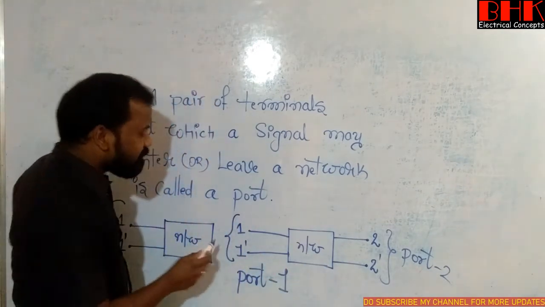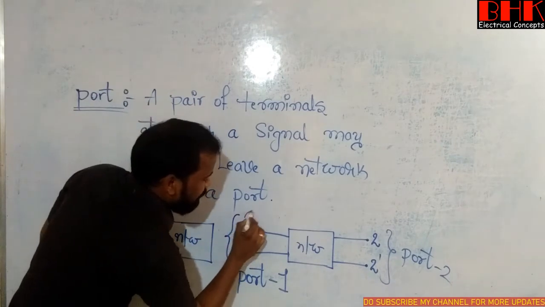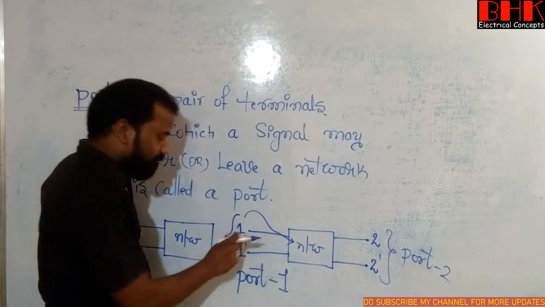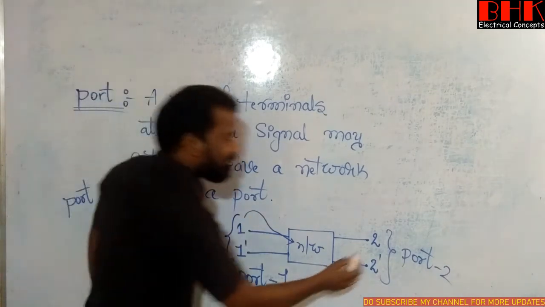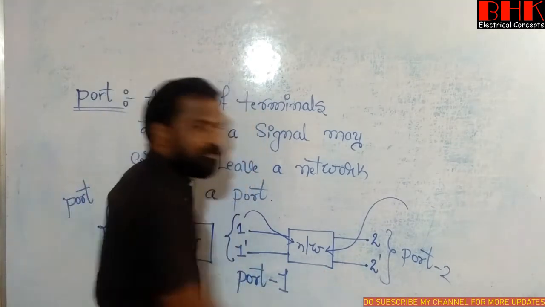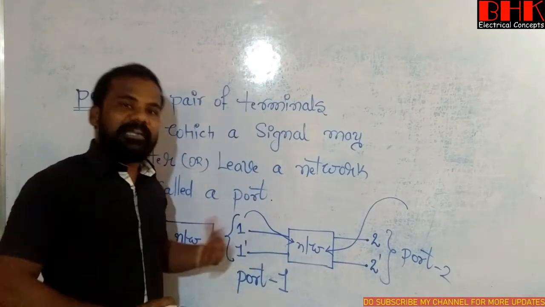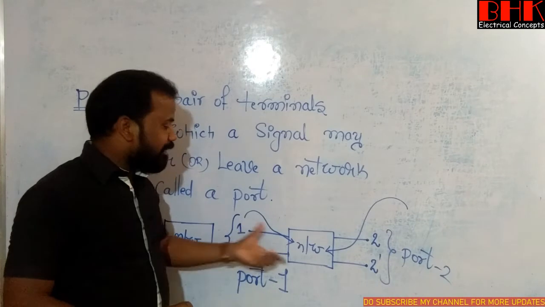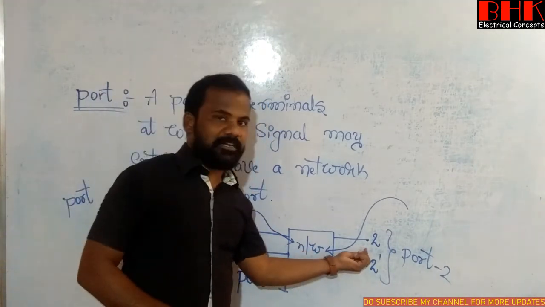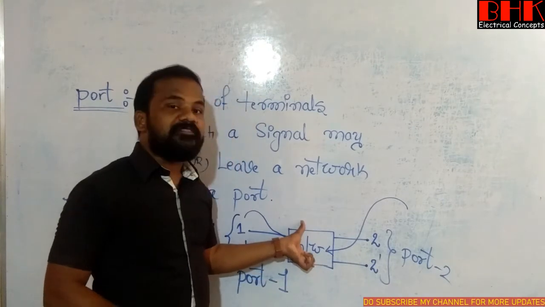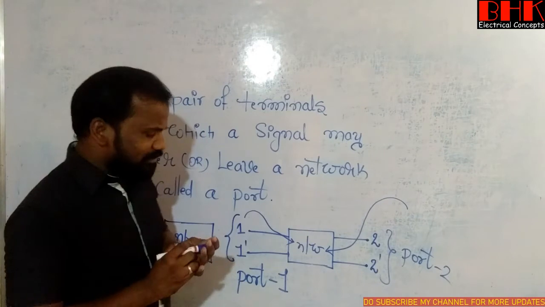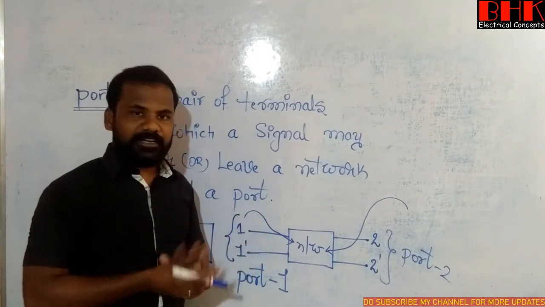One signal enters this network from port 1 and another signal enters from port 2. Like this, a signal may enter or leave the network through the port 1 terminals and the port 2 terminals. This type of network we call a two port network. So this is the actual definition of a two port network.